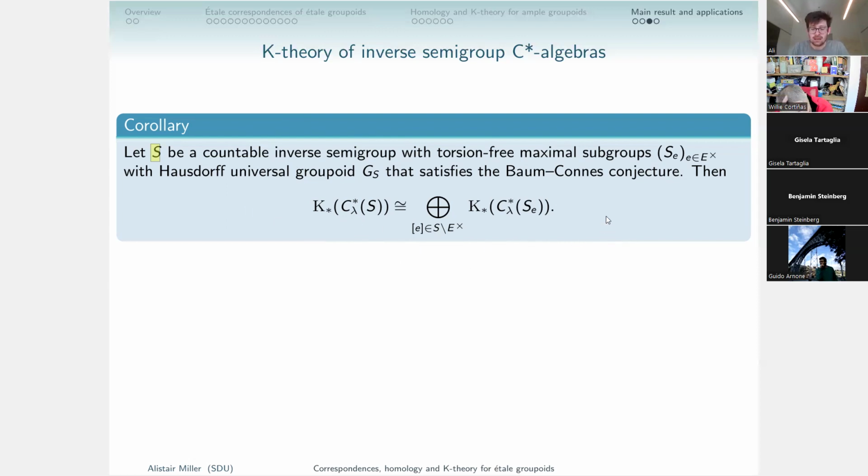And I did look, there is someone who has developed a sort of KK theory for inverse semigroups, supposedly. Yeah. But I couldn't really make it work. Burgstaller. Burgstaller. Yeah.